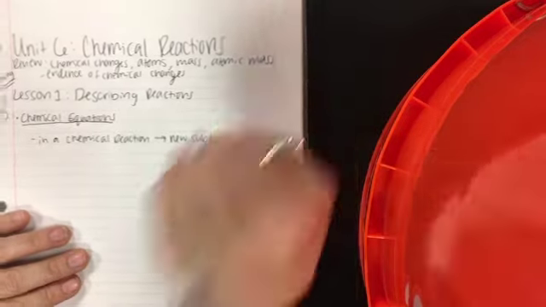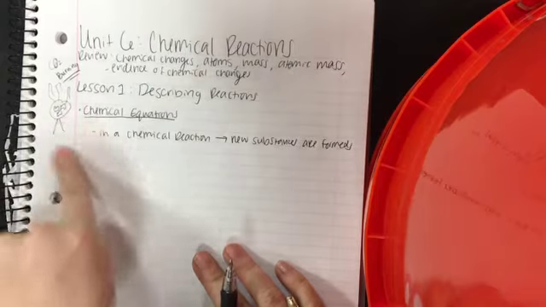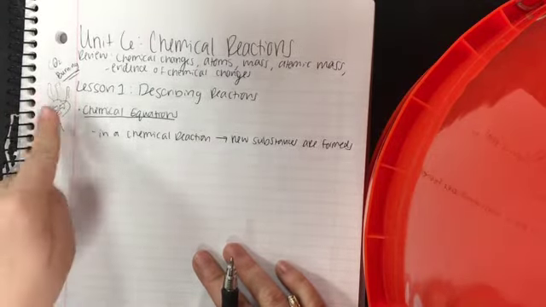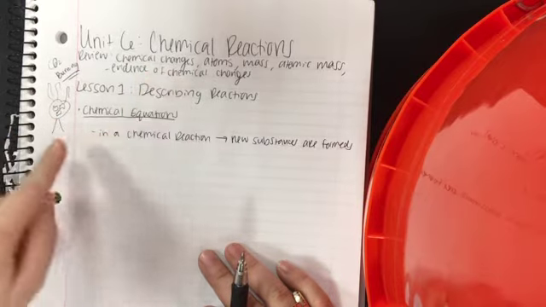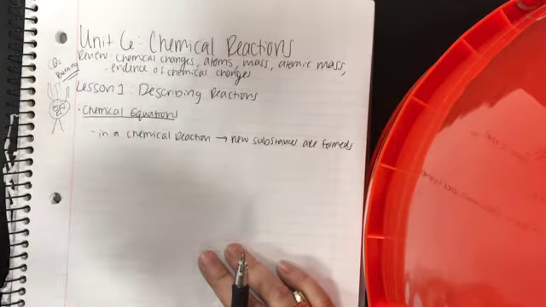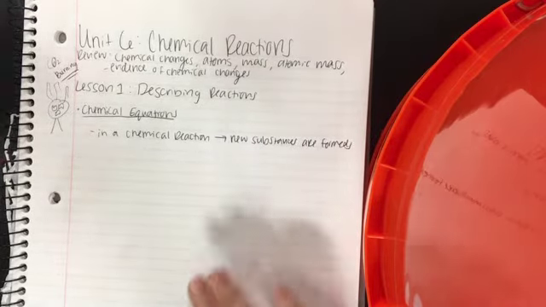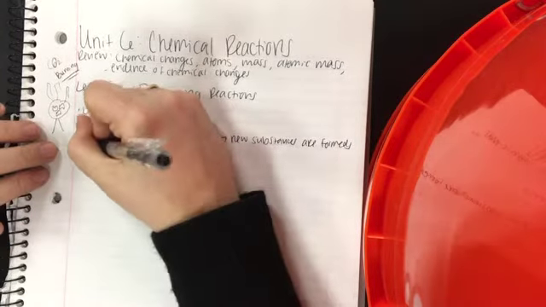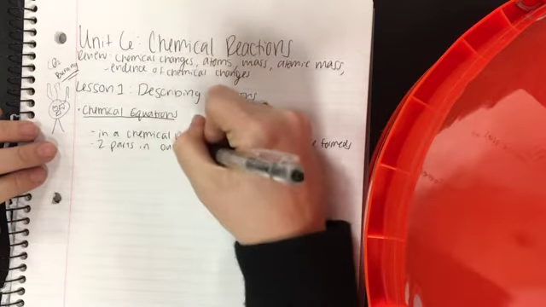New products are created. So just like my example over here with my burning of coal, right? We had coal to begin with, we burned it, a chemical change occurred, a reaction, and then new substances were produced at the end, like carbon dioxide. All right? So we have two parts in our equation.